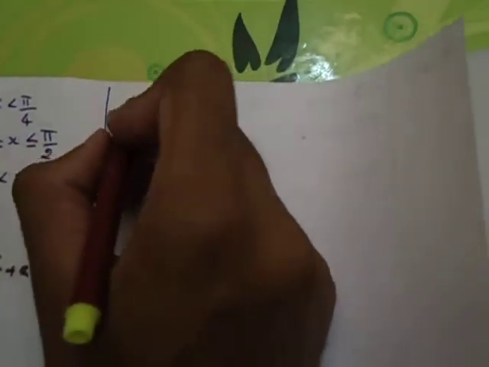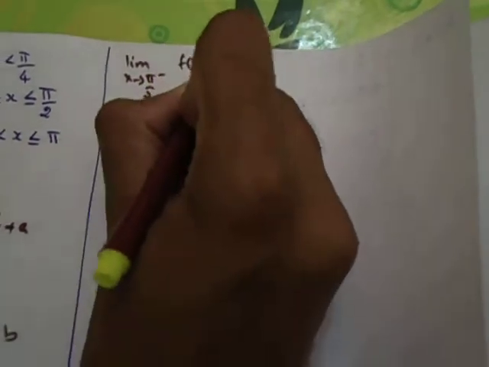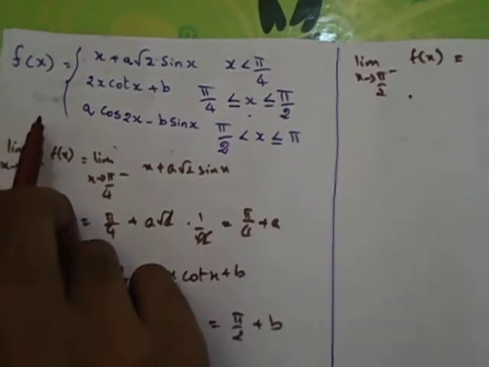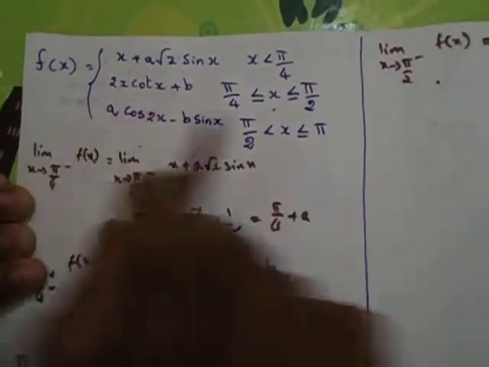Also, since it's continuous, the limit at pi by 2 will also exist. So limit x tends to pi by 2 minus of f of x. Before pi by 2, the function is 2x cot x plus b.